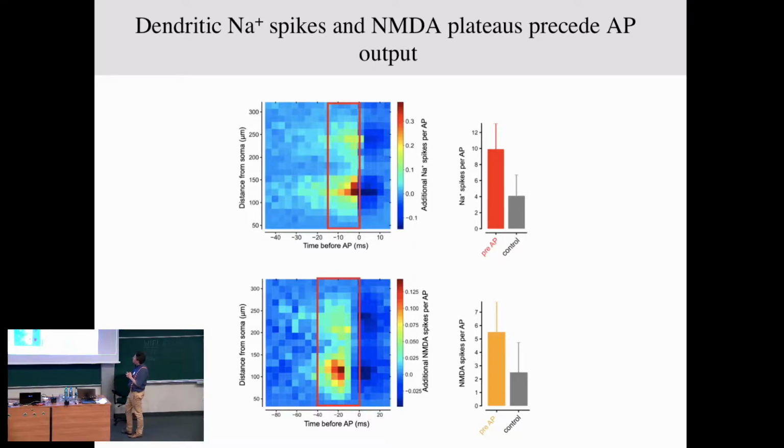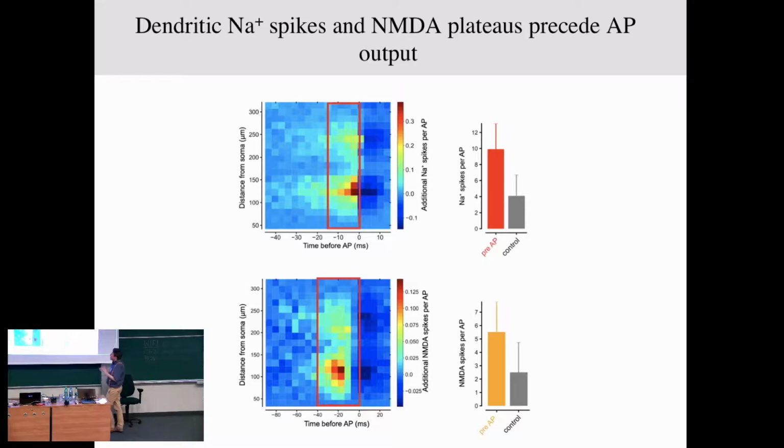So here's now a similar story to what we had for synapses before a local spike. Now it's local spikes before an AP at the soma. And you can see that NMDA spikes, being a bit longer lasting, they last 20 or 30 milliseconds, can influence down to about minus 40 milliseconds whether there will be an action potential or not. Sodium spikes are a bit less long-lived, they are faster.